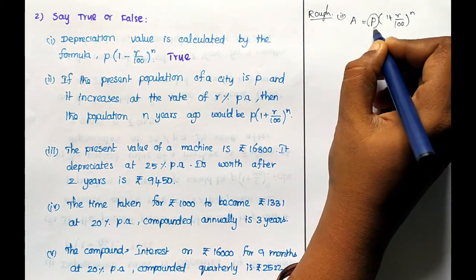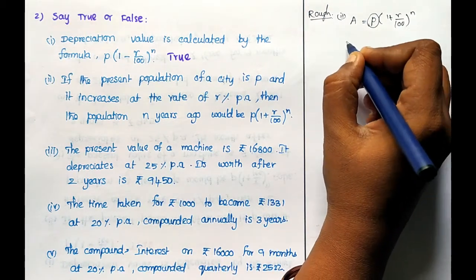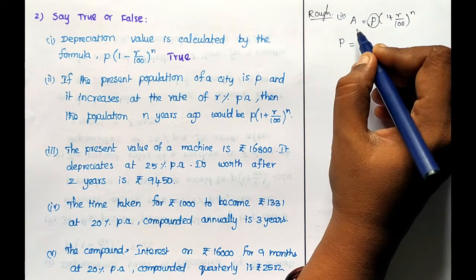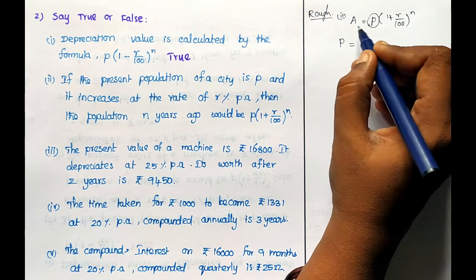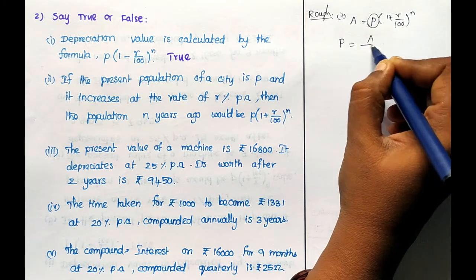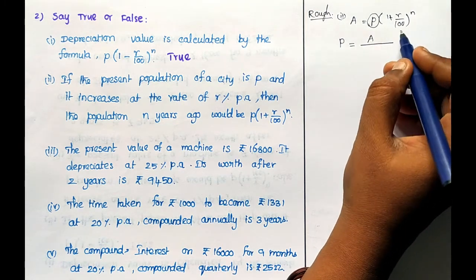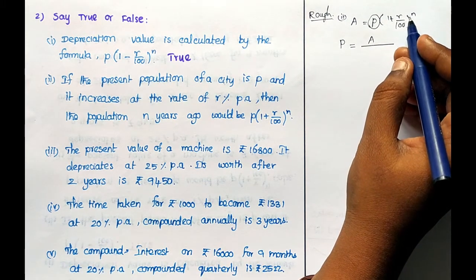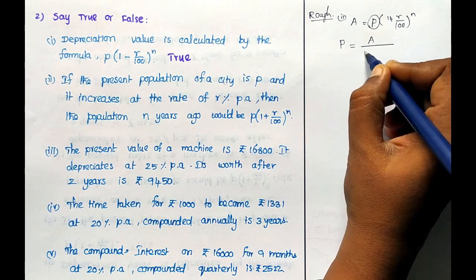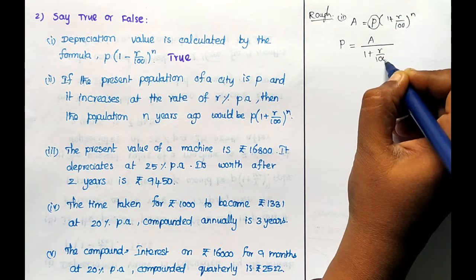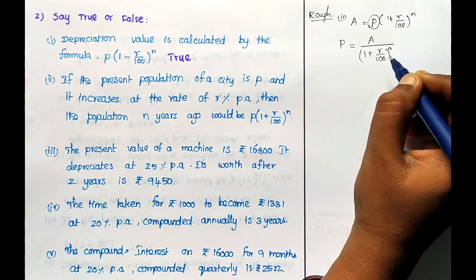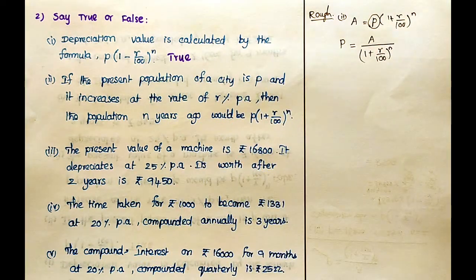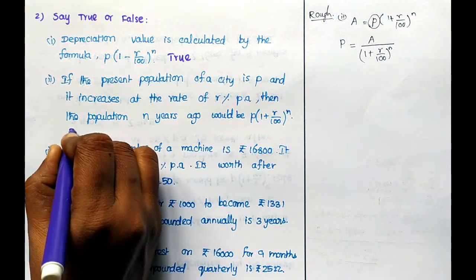So we have to find out principal. We don't know principal. So amount we know that here 1 plus R by 100 power n, it is in multiplication. Bring this side means it becomes division. So that is the formula, but they given amount formula, that is first statement.